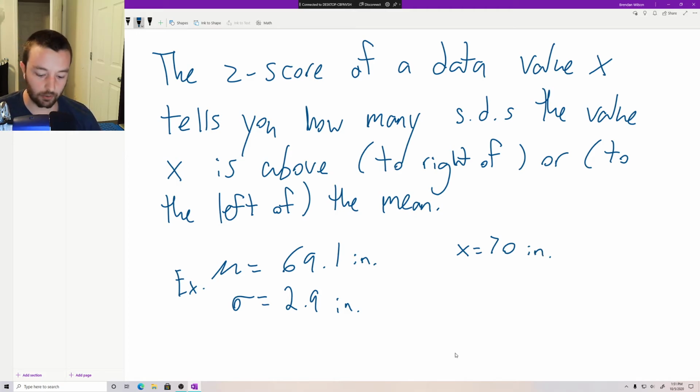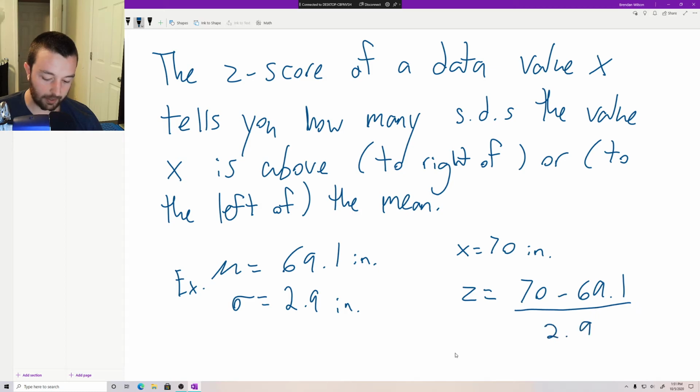What is their z-score? We should expect it to be, first of all, around 1, because we know that's within 1 standard deviation based on what we did earlier. So 70 minus the mean, which is 69.1, divided by 2.9.